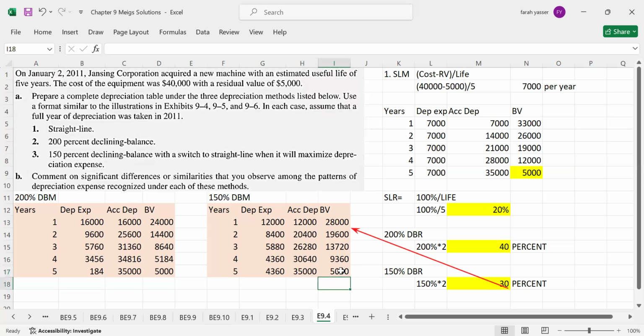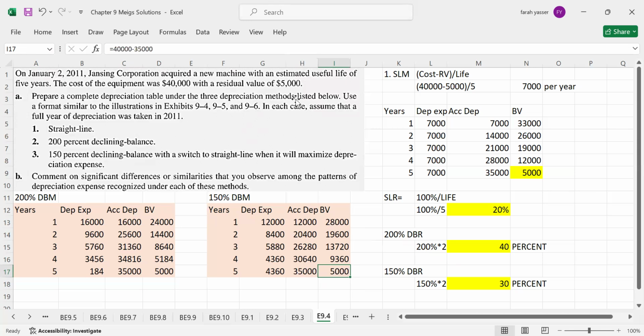So this is your remaining book value, which should be equal to the residual value. Use any method, either straight line method, reducing balance method, or declining balance method, any percentage, the remaining book value at the end of the useful life should be equal to your residual value. So that's it.